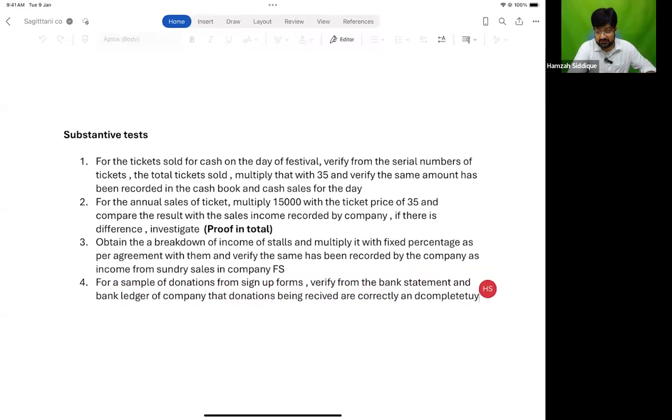It is not missed. So whatever they told, I am verifying the same from the given information.